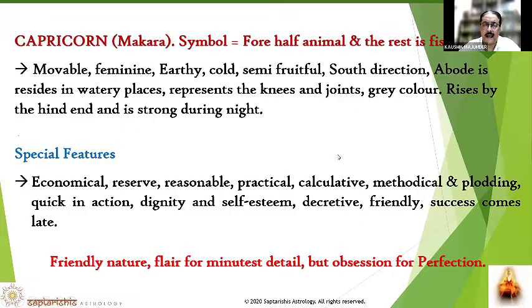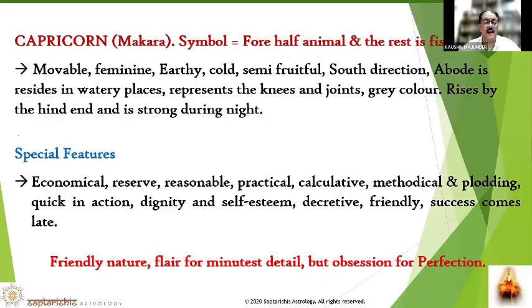Success comes a little late in their life generally. So the special character which I have given is Capricorn have a friendly nature, flair for the minute detail, but obsession for perfection. Now they will always be insisting on perfection. So this is what Capricorn is at an initial stage.